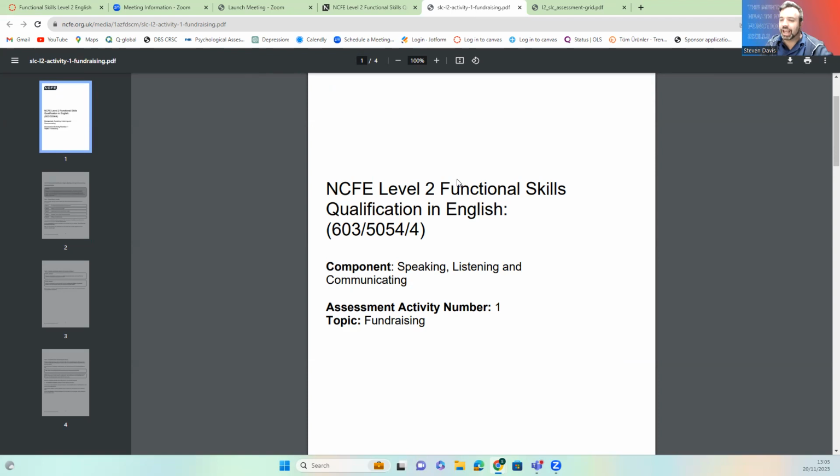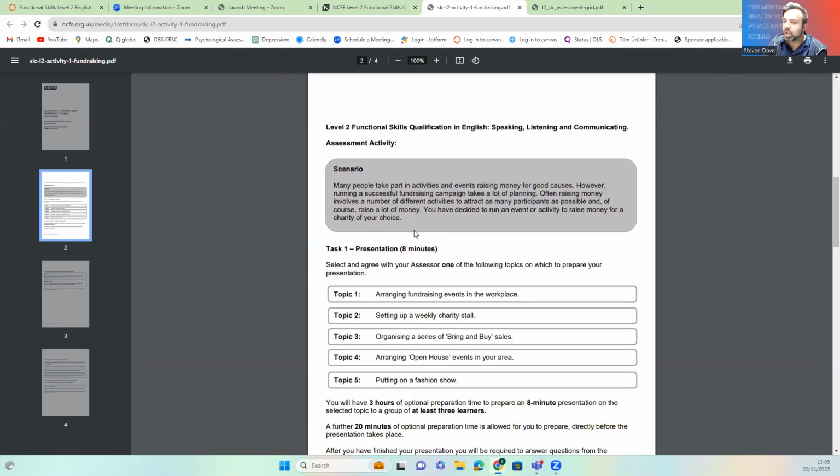You can see here, we've got the first activity topic, which is called fundraising. Now here, this is exactly what the assessment's going to look like. Level 2 functional skills, speaking, listening and communicating. You're going to be given a scenario. So many people take part in activities and events raising money for good causes.